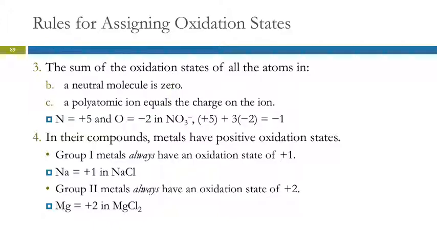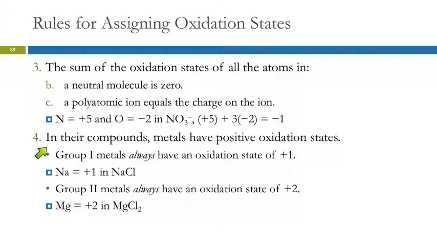If you have a polyatomic ion, that's a group of atoms that together have a charge, then the oxidation states have to add up to the charge on the ion. So nitrate ion, we've got a nitrogen and 3 oxygens and an overall -1 charge. The oxidation states of each of these 4 atoms have to add up to -1.